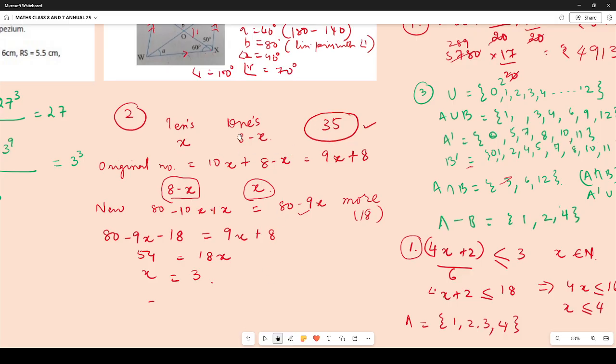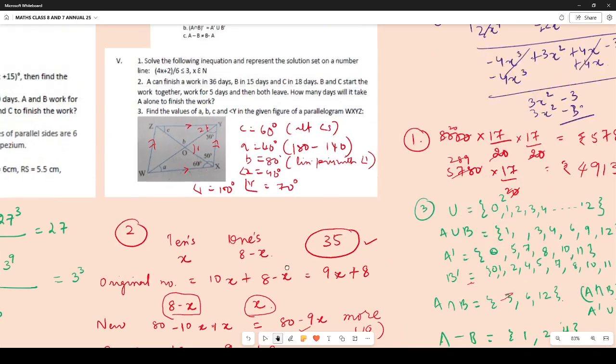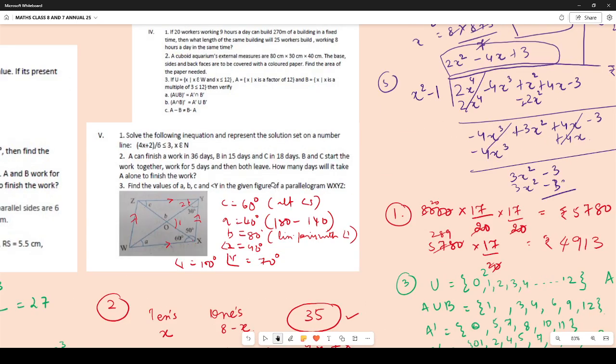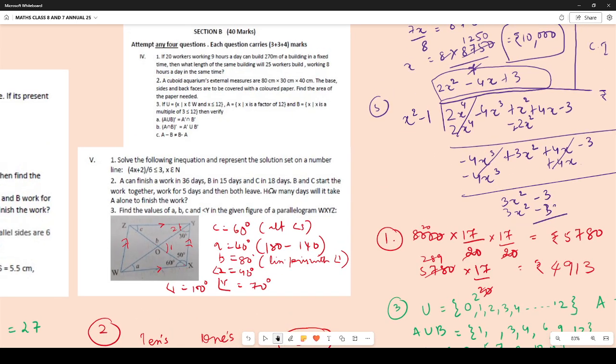That makes the tens digit 3 and the ones digit 5. So the number is 35. Now let us move on to the next question.